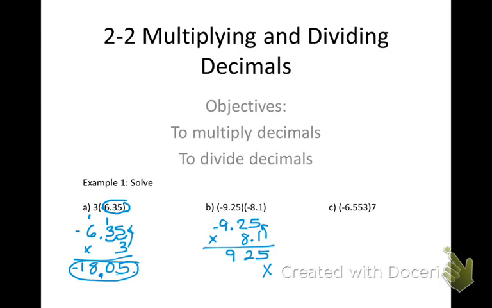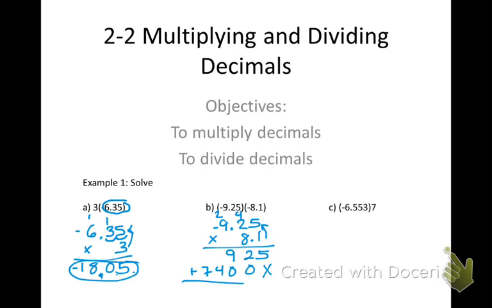And then I cross out the first column, and then it's 8 times 5. 8 times 2 plus 4 is 20. 8 times 9 plus 2 is 74.